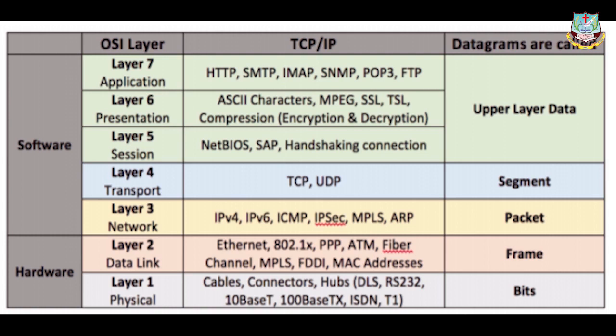Then the third layer is the network layer. This determines the path of the data packets. Data packets will be moving in a path and this network layer will be determining the path of these data packets. This layer is responsible for the routing of these data packets using the IP address. The fourth layer is the transport layer.